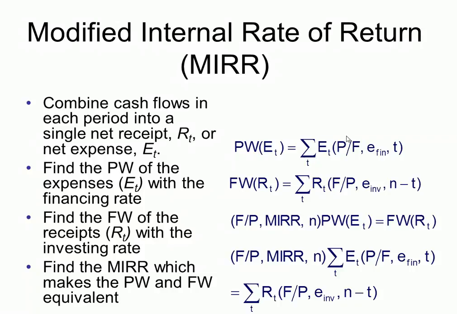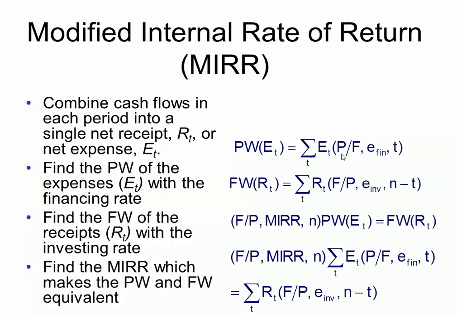So if we were to plug in the values from here, this big sigma sign just denotes the summation for different T's. Maybe we start with 0, which would be expenses at time 0, and we don't need to discount it; in that case the discount factor is just 1.